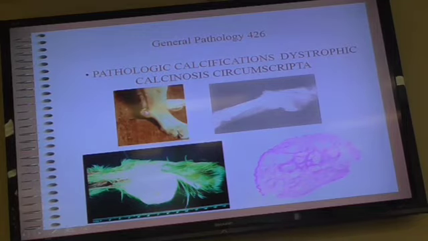That's the area, and if you cut it open, you see the mineral accumulating in an area like that. That's what it looks like with an X-ray. And this is the histologic. The mineral would be the more purple areas in here.